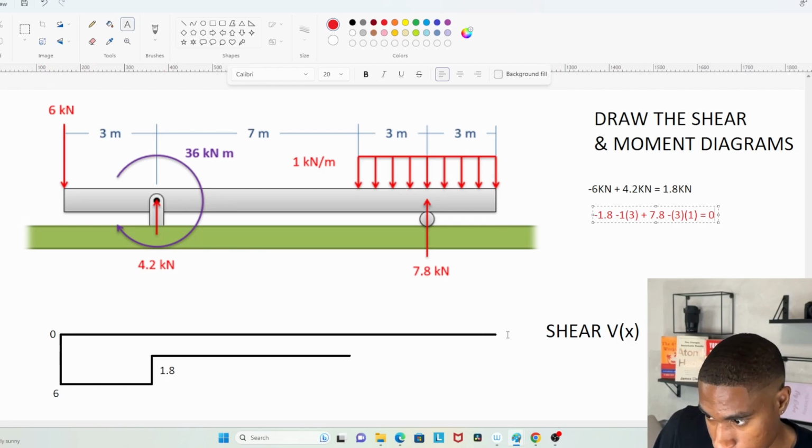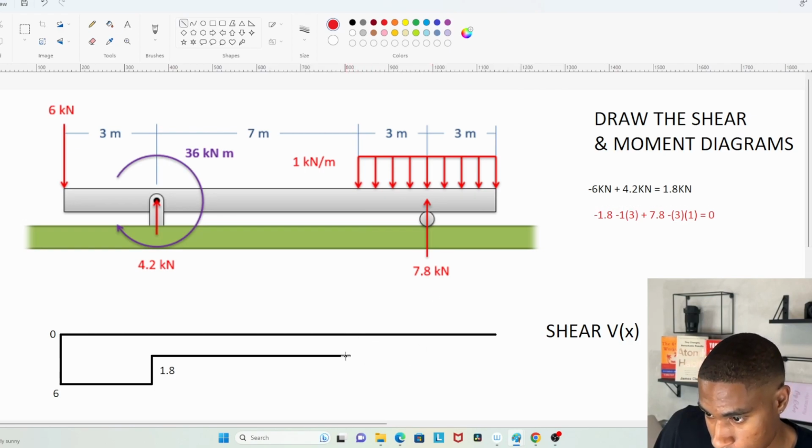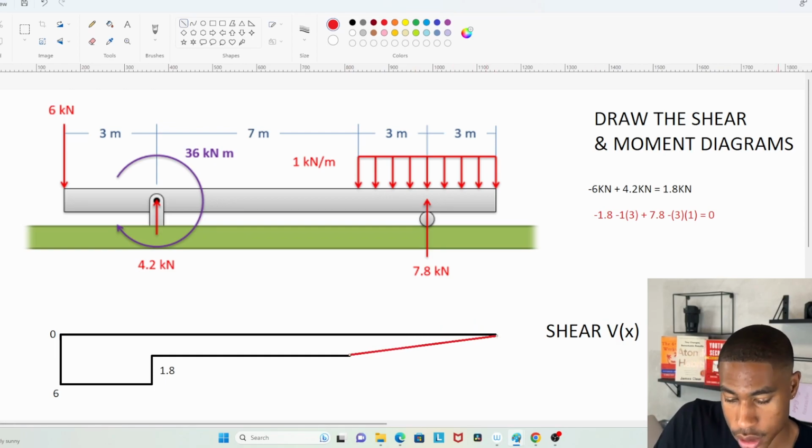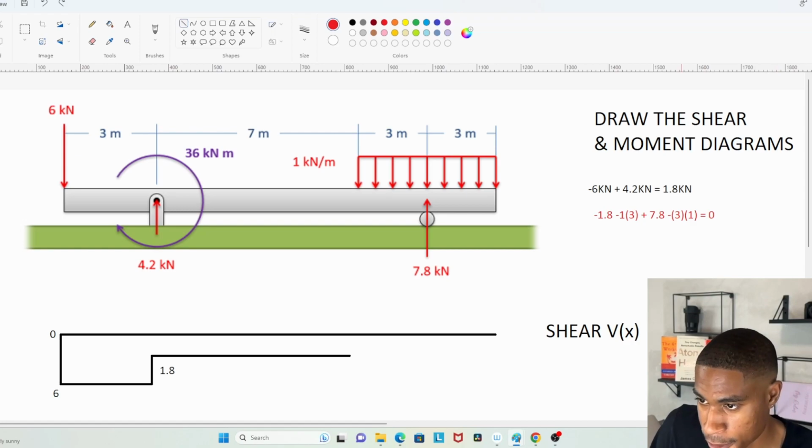Started at 0, we should end at 0 for our shear. But what I failed to do is to show pivotal points, because we can't just draw a line that says from here to here, we're done. That's not the way that goes.